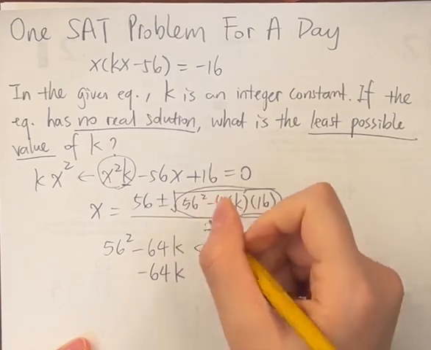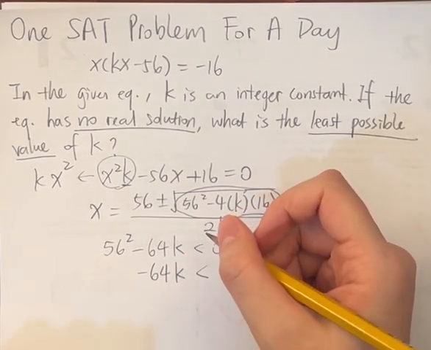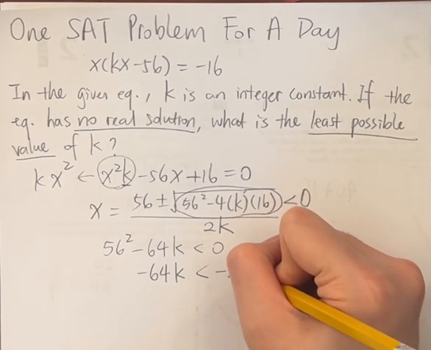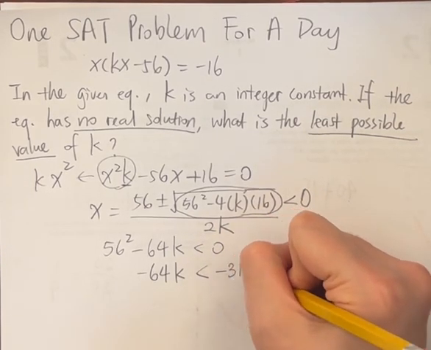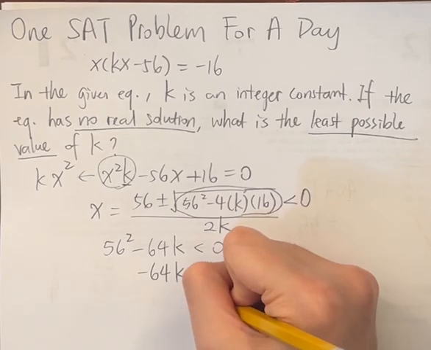We move 56 to the square root to the right side, which gives us negative 3,136. Then be careful when you're dividing by negative numbers on both sides while solving an inequality. You have to change the direction of the sign.